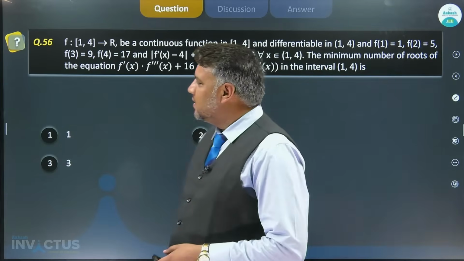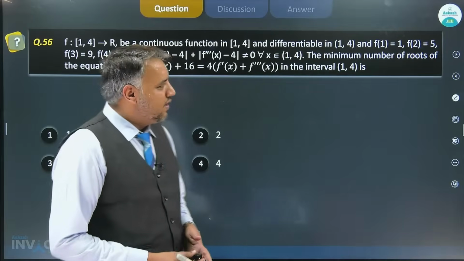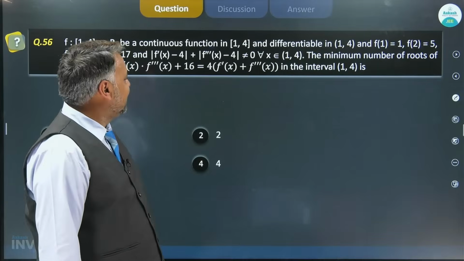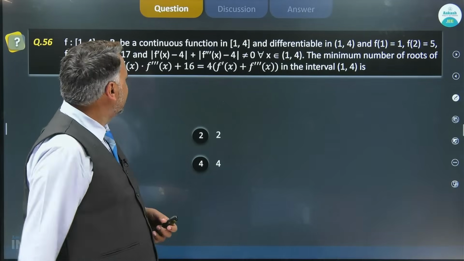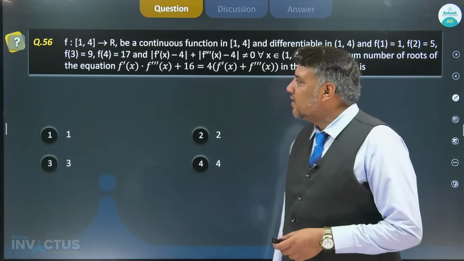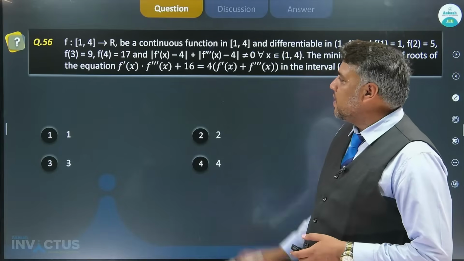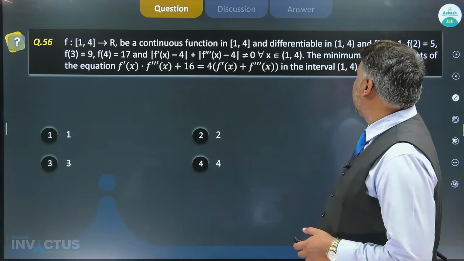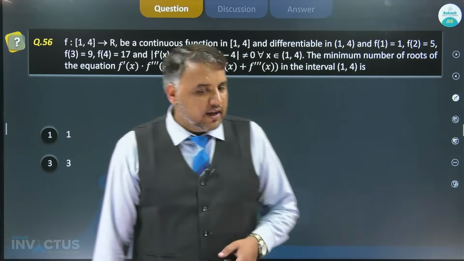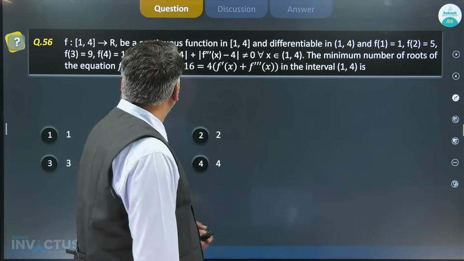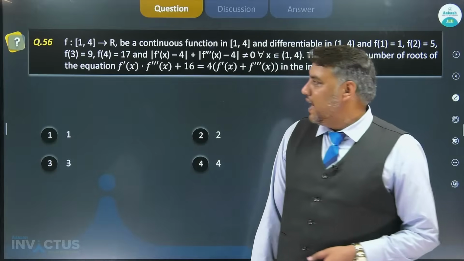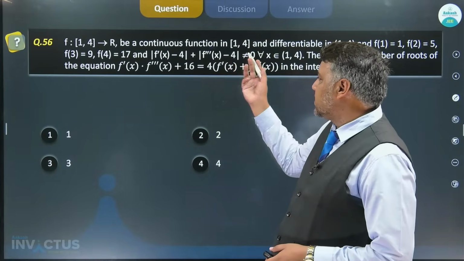Again I think this is a special question. The person who got this, it will be very good to appreciate you. Okay, a function is defined on [1, 4], and f is such that [1, 4] maps to R, be a continuous function on [1, 4] and differentiable on the open interval (1, 4). f(1) is 1, f(2) is 5, f(3) is 9, f(4) is 17, and it is given that the absolute value of f dash x minus 4 plus f triple dash x minus 4 is not 0.